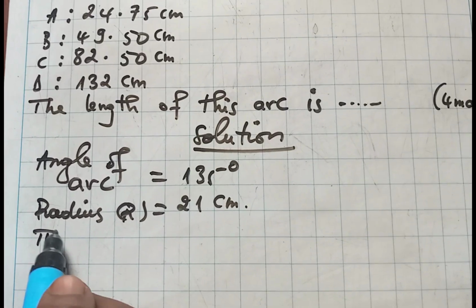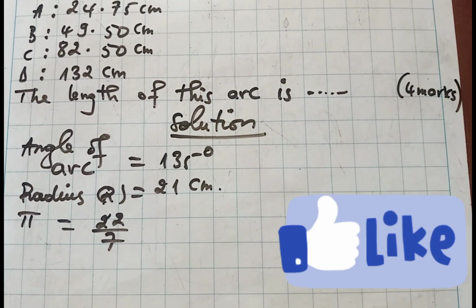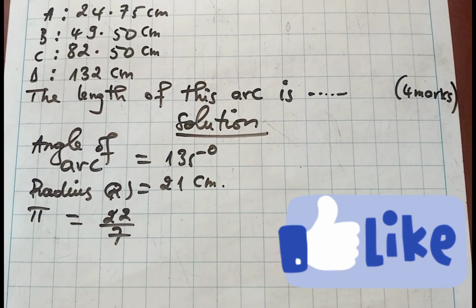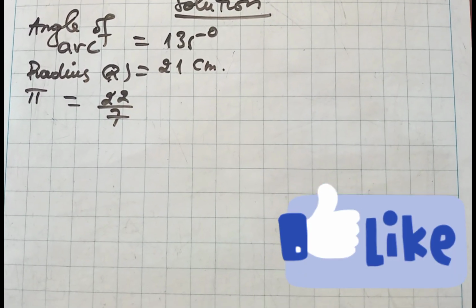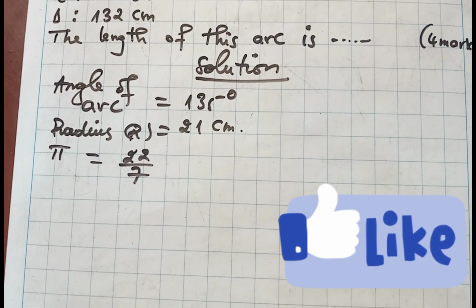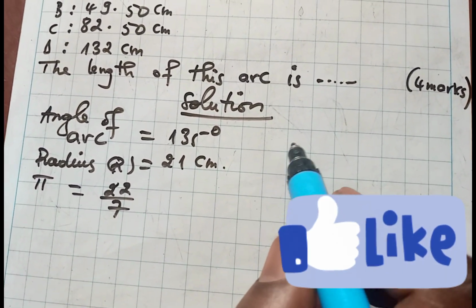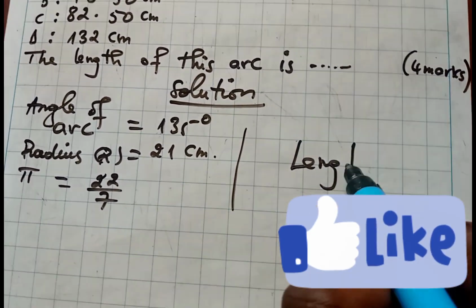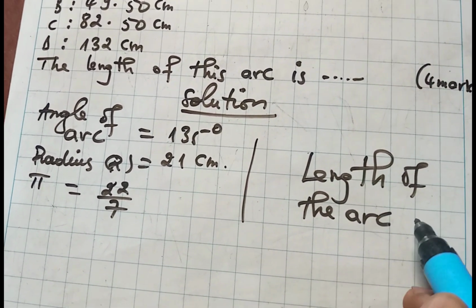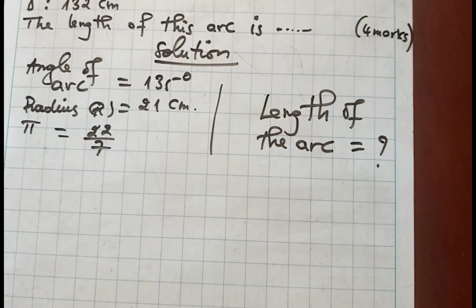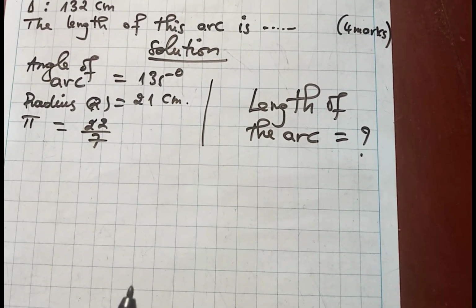You have also pi, which is equal to 22/7, right? Then, after having this one, we need to find what is missing. What is missing now is the length of the arc.